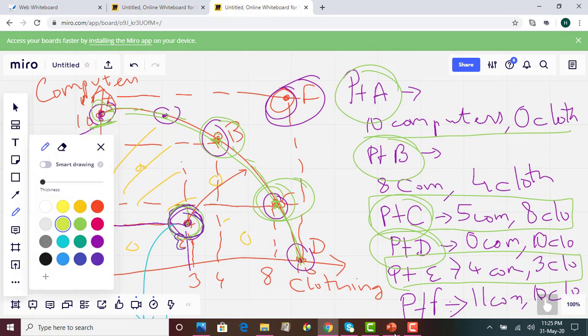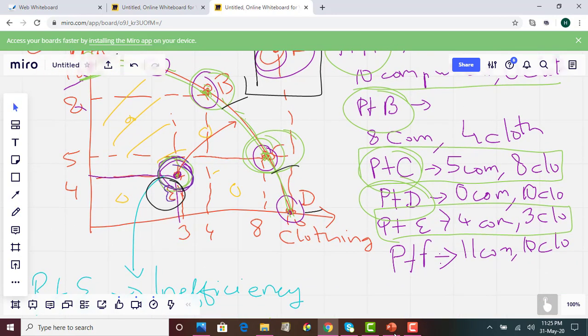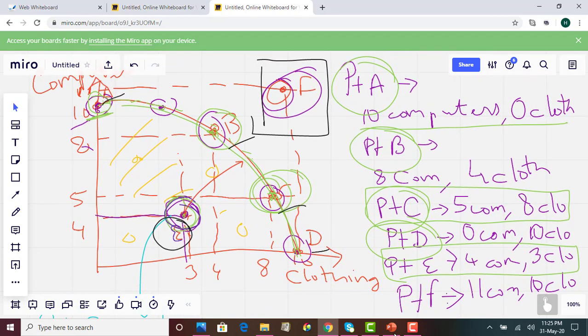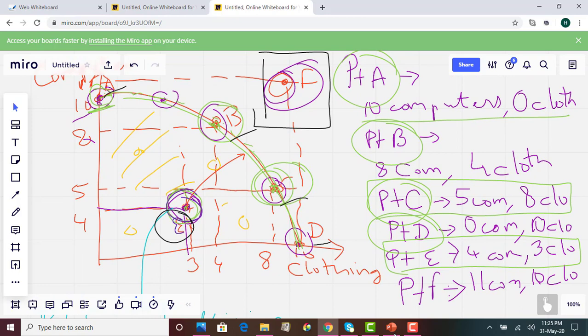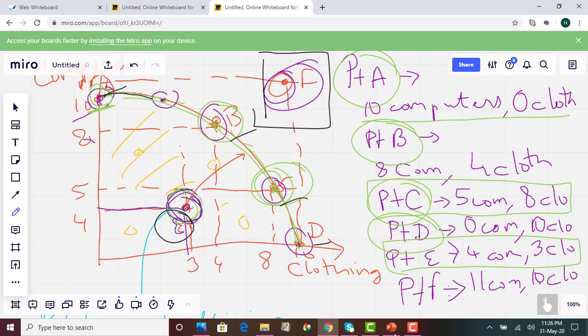There is one more point in this graph that we have to understand. Can you see which one that is? We already talked about A, B, C, D, and E, but we do have a point called point F. In this graph, point F has 11 computers and 10 clothings, right? This point F is outside your normal curve.